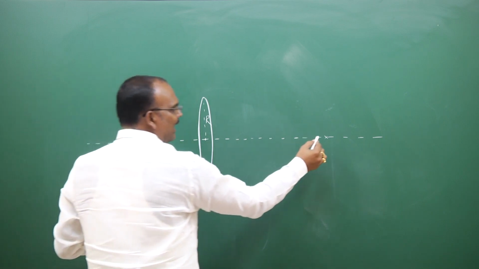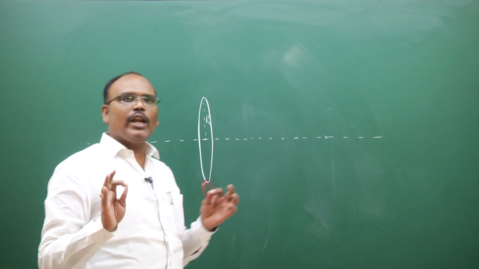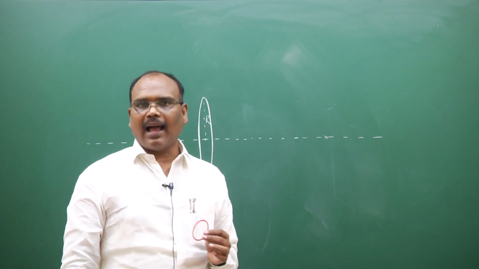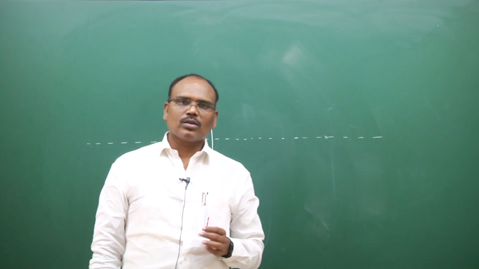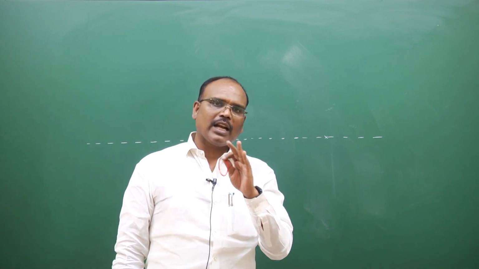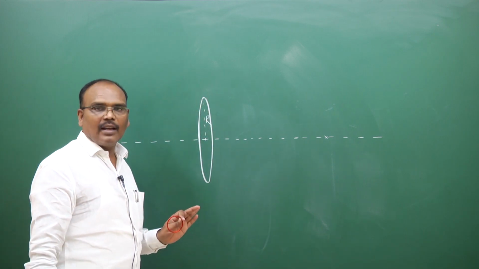Now, I want to calculate magnetic field here. As of now, we know only Biot and Savart law. There is no other law. So only by applying Biot and Savart law should we solve this question.